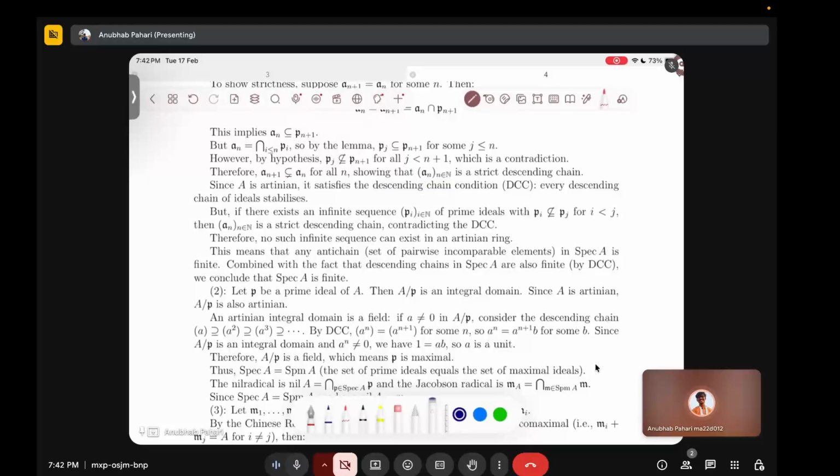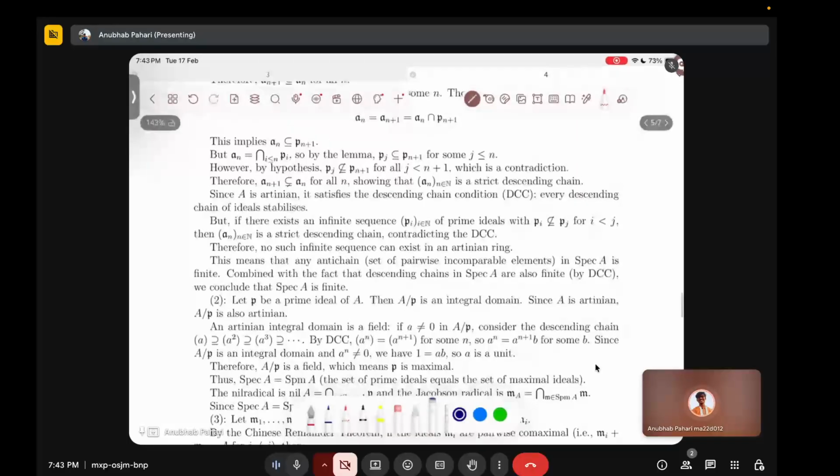Therefore, no such infinite sequence can exist in an Artinian ring, and this means that any antichain, a set of pairwise incomparable elements in Spec A, is finite. Combined with the fact that descending chains in Spec A are also finite, we conclude that Spec A is finite.